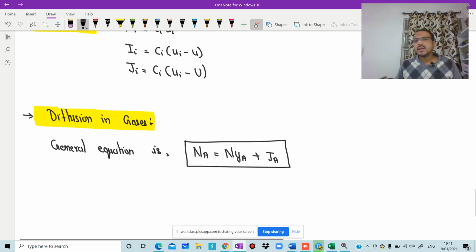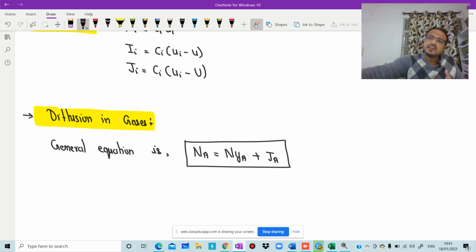As we know, we have two types of diffusion. One is natural molecular diffusion, and one is eddy diffusion. You can correlate this concept with heat transfer, as we discussed natural convection and forced convection. In a similar manner, we can define it here. Suppose I have a glass of water and I put some drops of ink in it.